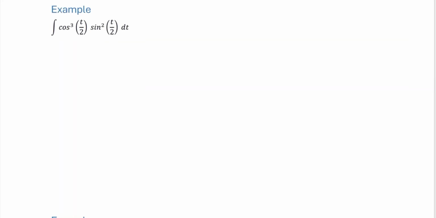In our next example, recognize that cosine is the odd degree. So we'll start by factoring out 1 power of cosine. We're still left with cosine squared t over 2, and we have sine squared t over 2.